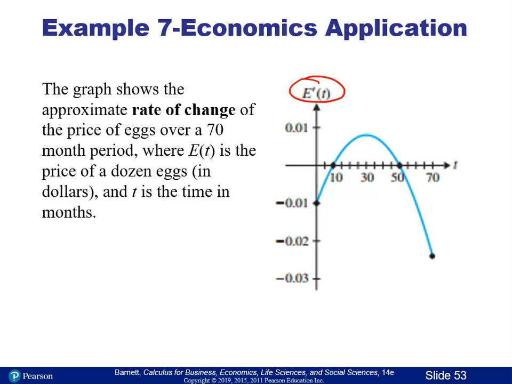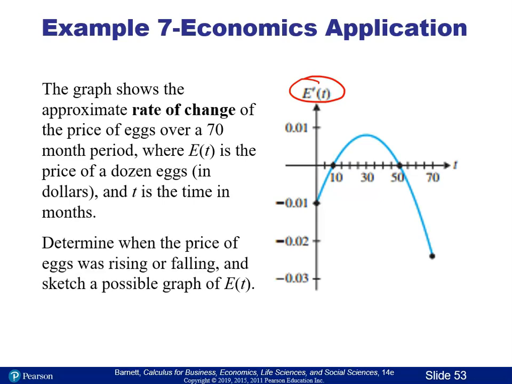E of t is the price of a dozen eggs, and t is the time in months. Okay, so we want to determine when the price of eggs was rising or falling and sketch a possible graph. So as far as the rising and falling part, what we need to think about is what we've been given and what we're asked to provide information about.